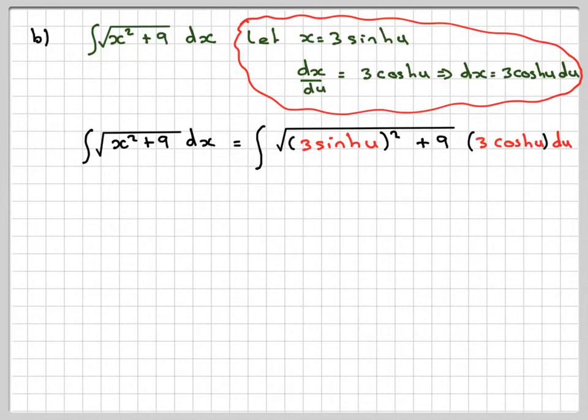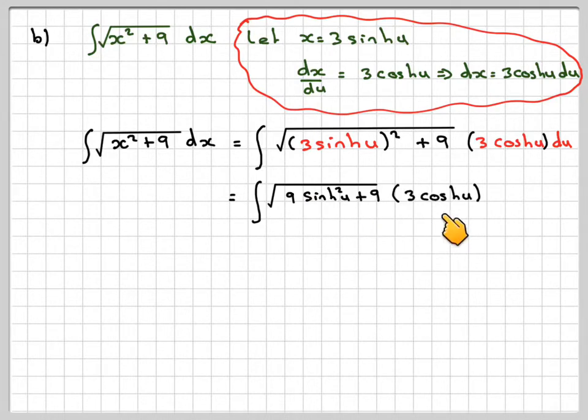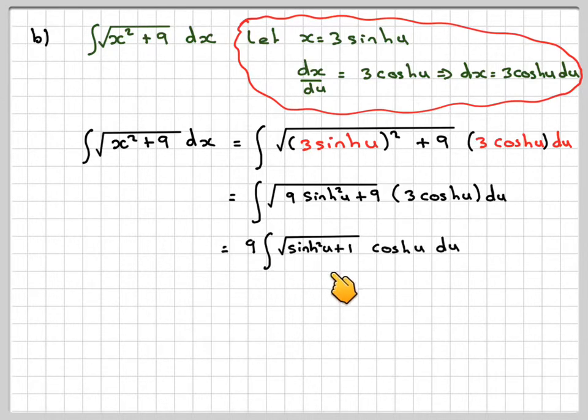Okay, carrying on. So when you expand this, you get 9 sinh squared u plus 9, and then you get 3 cos u. Now, if I take out 9 from there, it becomes 3, and then combine it with that 3 there, I'm going to get 9 times (sinh squared u plus 1) times cos u.